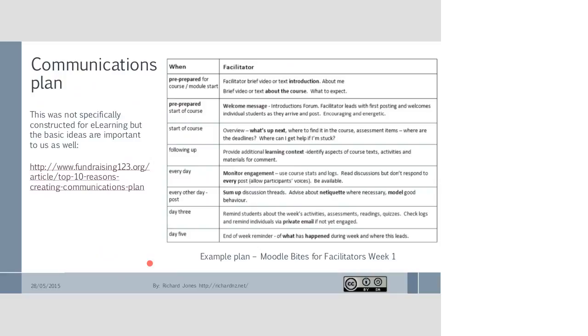Try not to use a generic checklist, okay? You design one for each course that you run. So yeah, the checklist here, you can see, you can make them more complex if you want. You can add notes and other pointers, and you might want to do that if it happens to be the first course that you've facilitated. But you can get away with just what you're going to do and when you're going to do it.